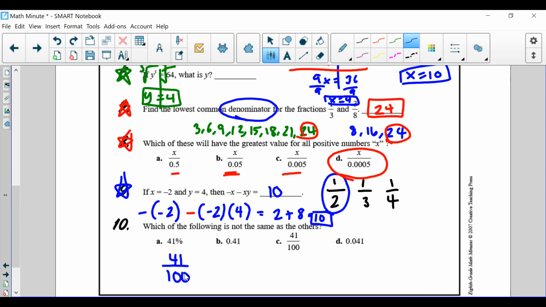Then we've got 41 hundredths, because that's how you read it as a decimal. Then over here, another 41 over 100. And then lastly, this one is actually read as 41 thousandths because it's in the thousandths place. So the one that does not fit is D.